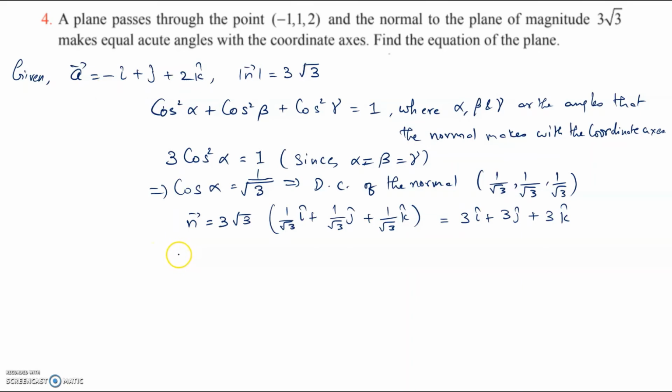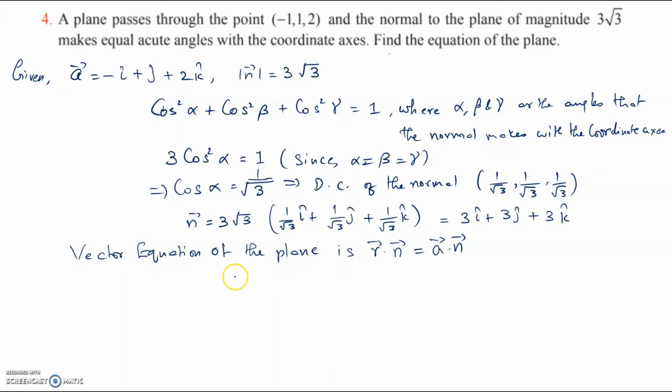So the vector equation of the plane can be written as r vector dot product with n vector is equal to A vector dot product with n vector.